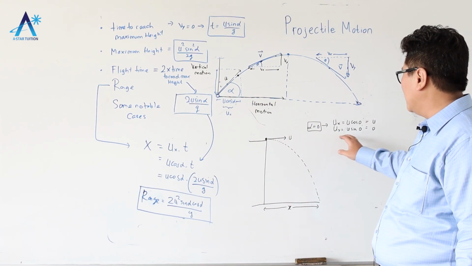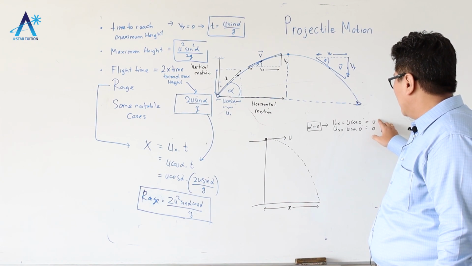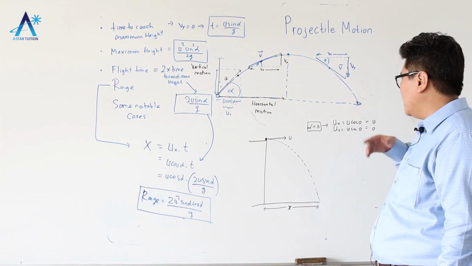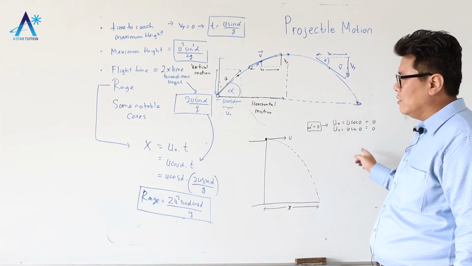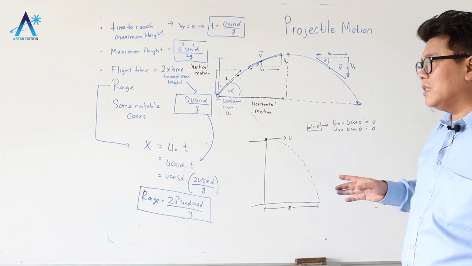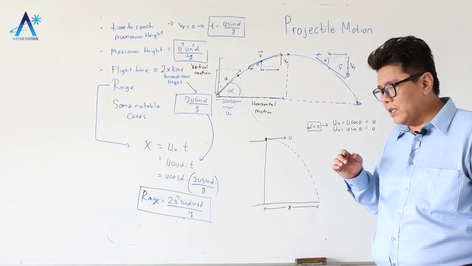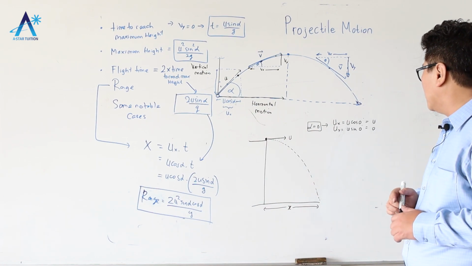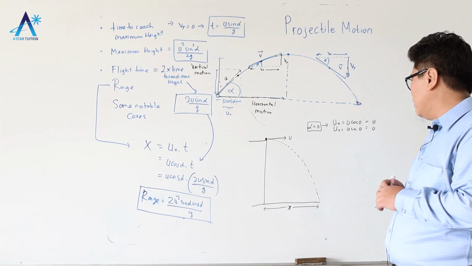Then the entire u is equal to ux, but uy is 0. So uy being 0 means that initially the vertical component of the initial velocity is 0.